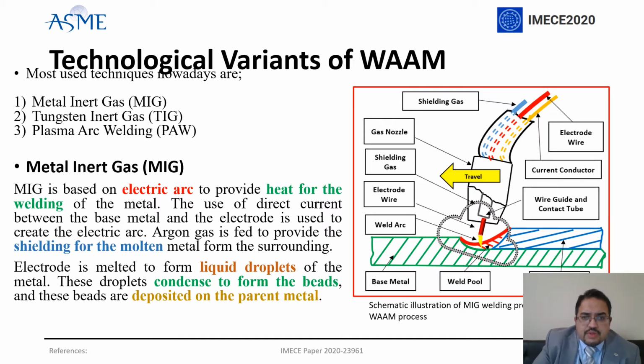Generally, argon is used to provide the shielding. The electrode is melted to form liquid drops of the metal, and these drops condense to form the beads. Then these beads are deposited on the parent metal layer by layer, and the part is fabricated. So this is the schematic illustration of the process.